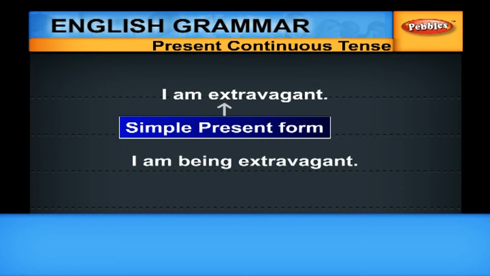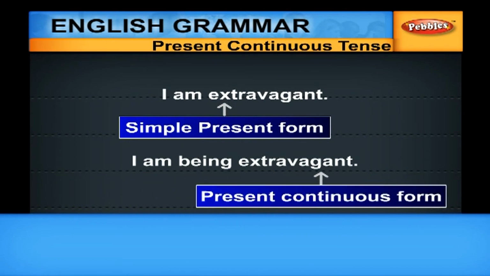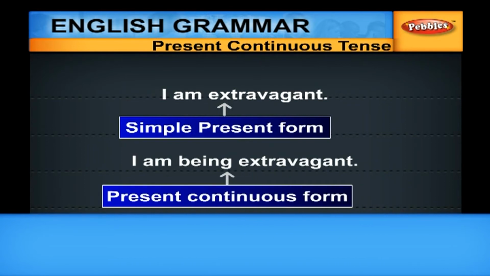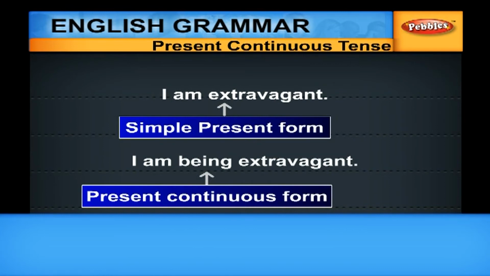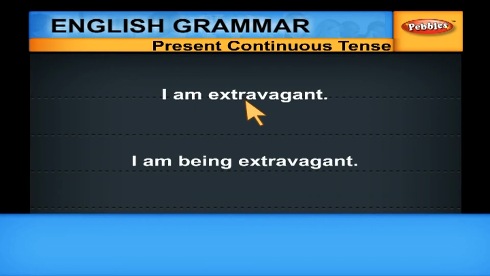I spend a lot. The second one, I'm being extravagant, is in the continuous tense. It means that I'm spending freely at this point in time. I'm in a mall or in a shopping place and I am spending a lot. The first one is simple present and the second one is present continuous.